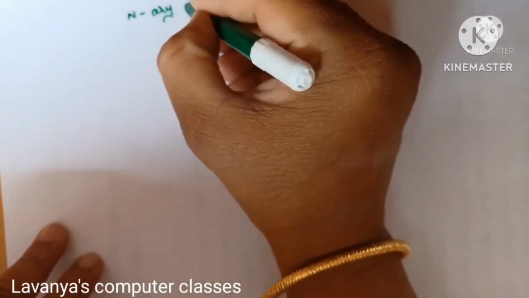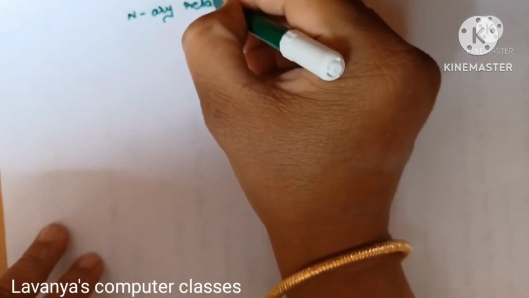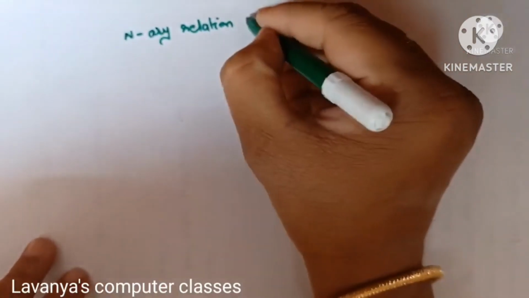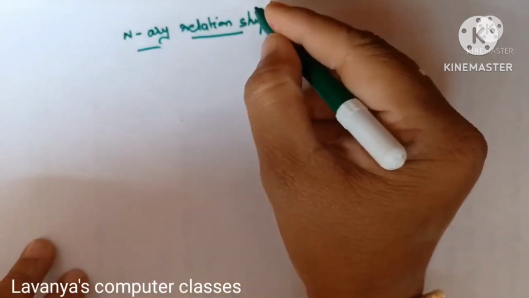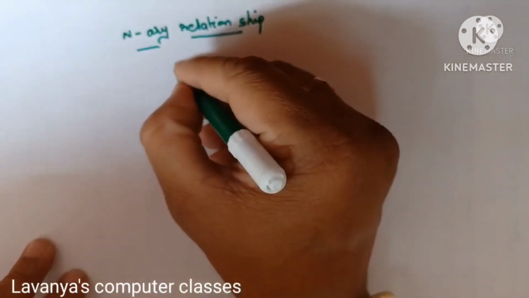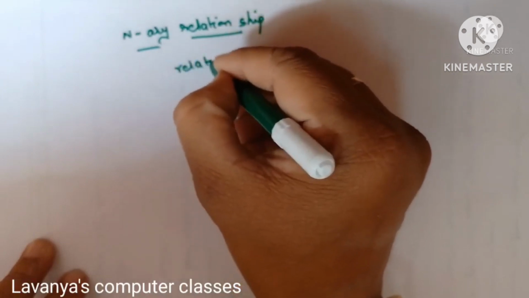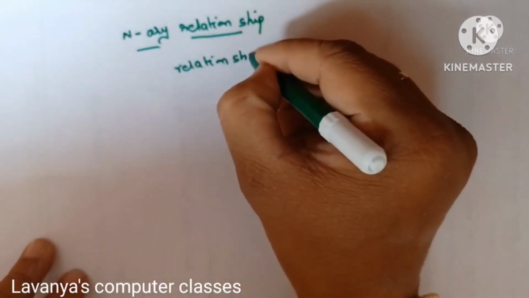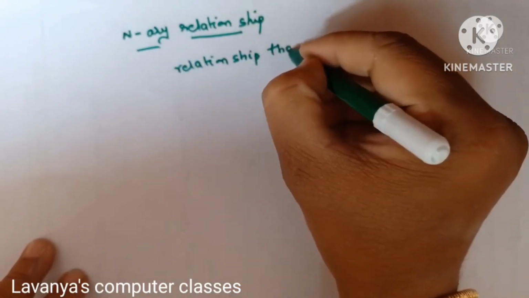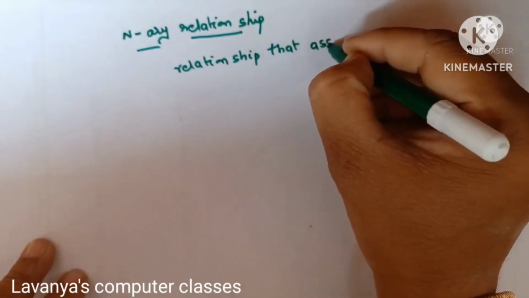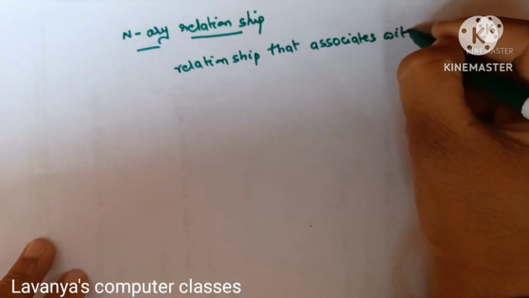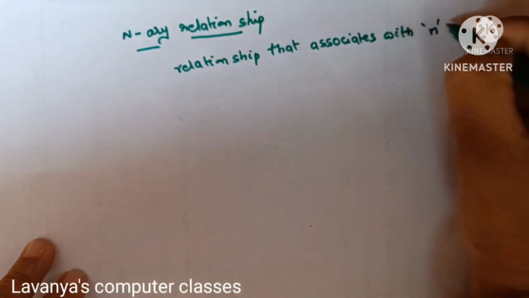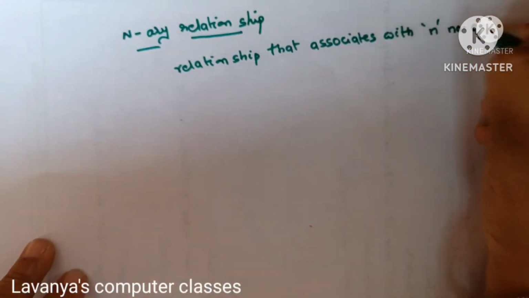Last relationship is n-ary relationship. What does n mean? Here n is any number other than 3, because 1 means one entity set, unary, 2 means binary, 3 means ternary. Other than 3, any number is called an n-ary relationship. A relationship that contains association with more than 3 entity sets is known as n-ary relationship.